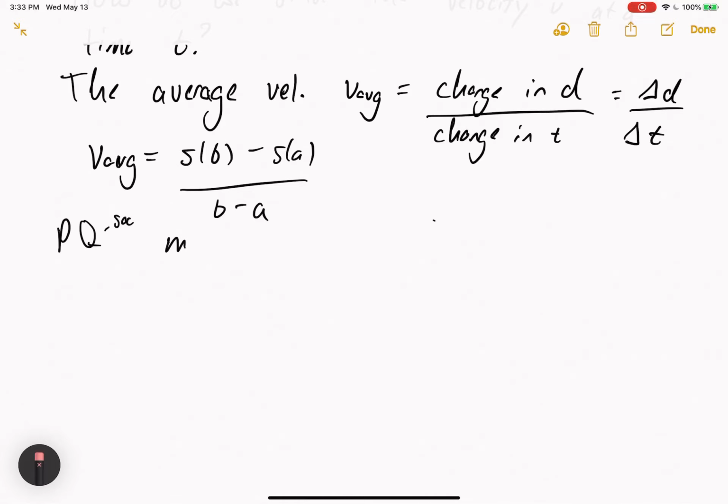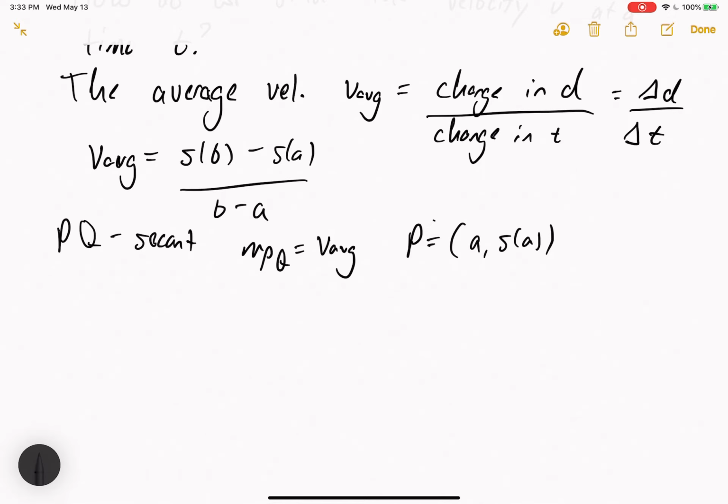So PQ will be the secant, and M_PQ will be equal to V average, where P is equal to (A, S of A), and Q is equal to (B, S of B).